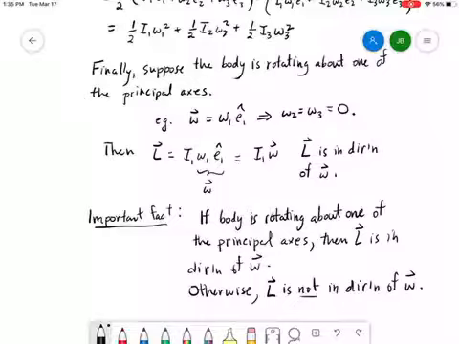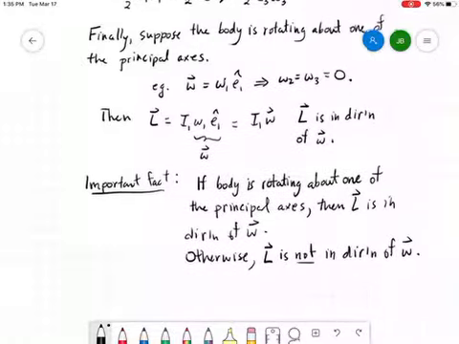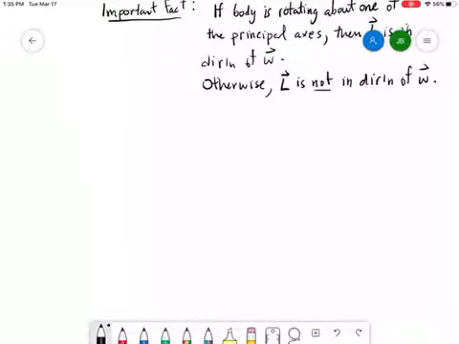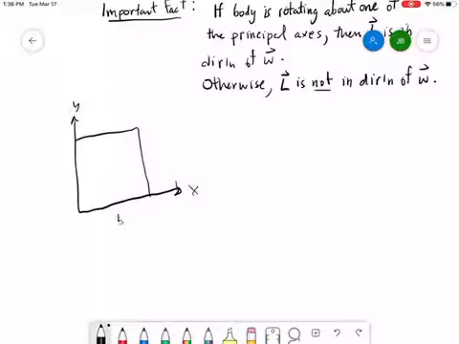Okay, good. So I want to think back to, I guess it would have been the last in-person class, and we were still working with this square slab. Let me draw it again. So X and Y, and here's our slab, sides of length B. And what we did is we calculated the angular momentum for a rotation along the diagonal.